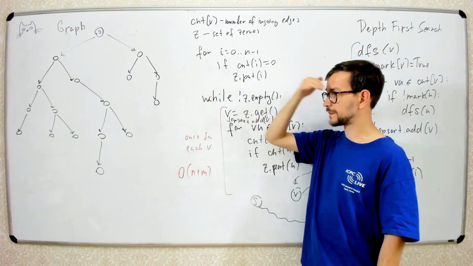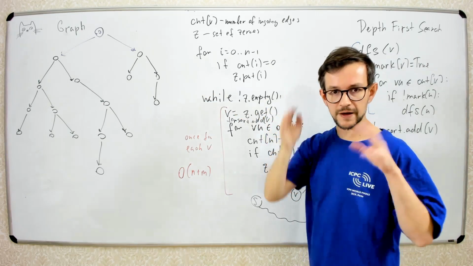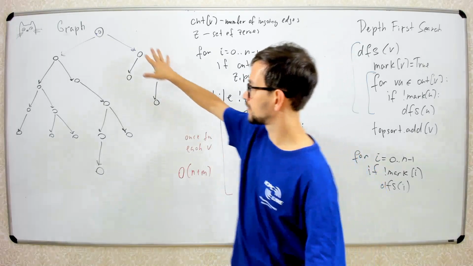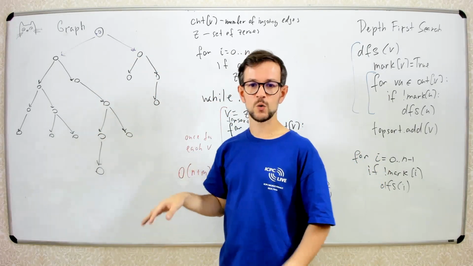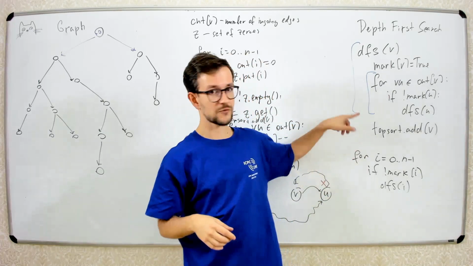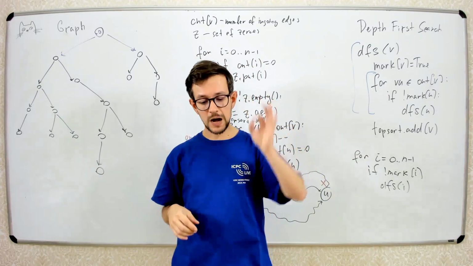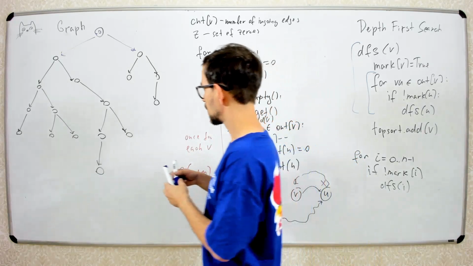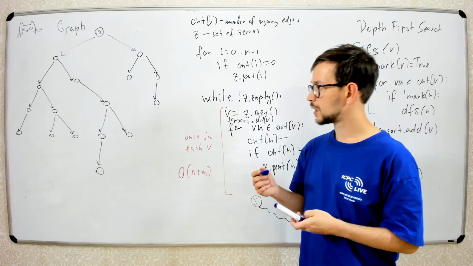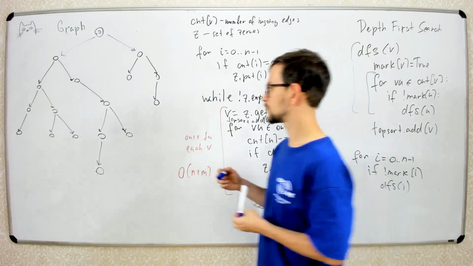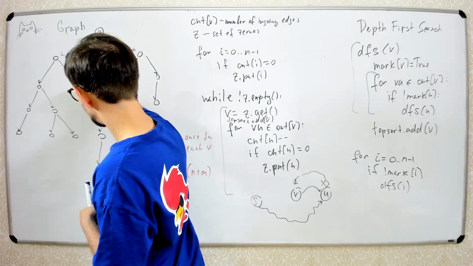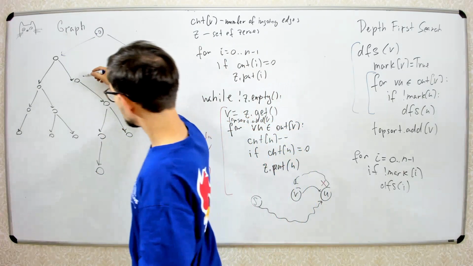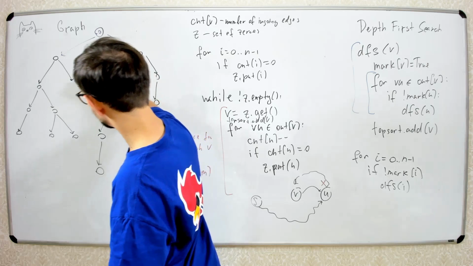Now let's look at this tree, and let's look at all other edges which can be in your graph. These are all the edges which were visited when we ran this depth first search algorithm. Now let's look at what other edges may exist in your graph. So let's take some node, for example, this. Can we have an edge which connects some ancestor to some descendant like this?